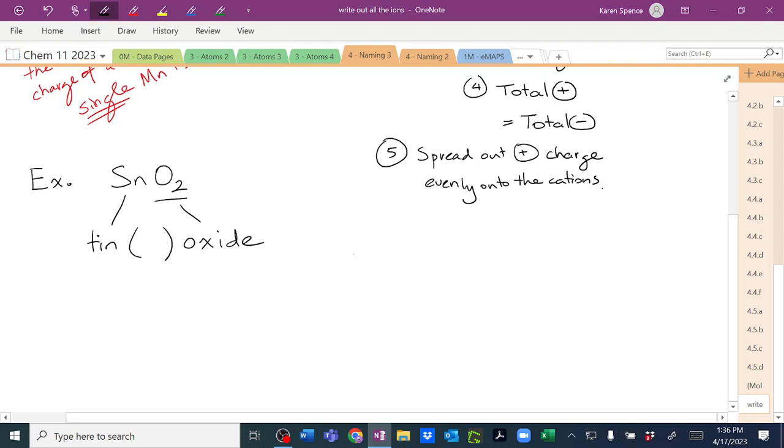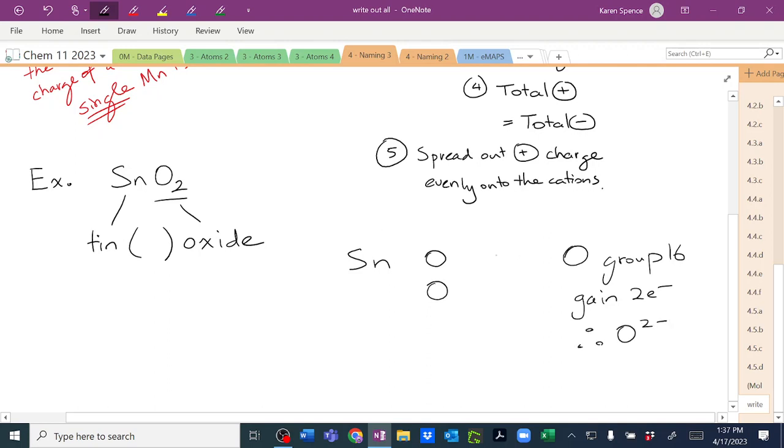So we're going to write out all the ions. I have 1 tin and I have 2 oxides. We know that oxygen is group 16, therefore it will gain 2 electrons to become full, therefore it's going to be O 2 minus. So each of the oxides is 2 minus, for a total of 4 minus.